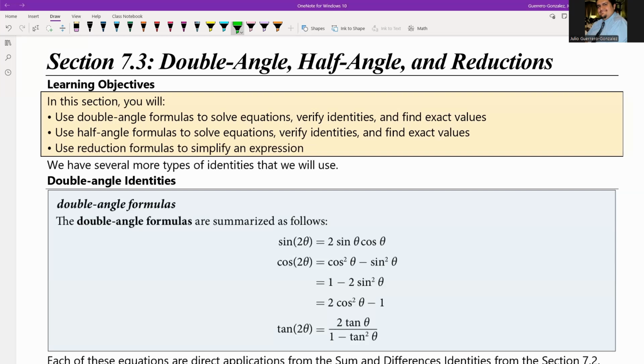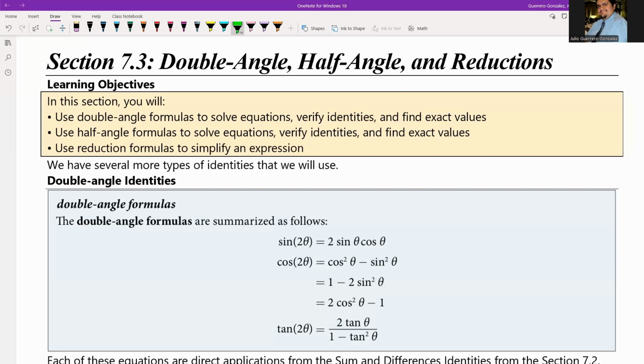The more important thing was 7.1, learning how to solve identities, use our trig identities to find different angles, and then how to use them in solving other trigonometric identities, right? 7.2, 7.3, 7.4 is me just giving you more sort of well-known identities, okay? This one is going to be these three: double angle, half angle, reductions, okay?